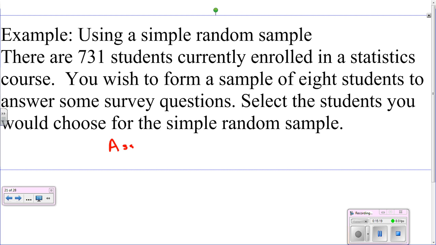You assign a number from 1 to 731 to each person.